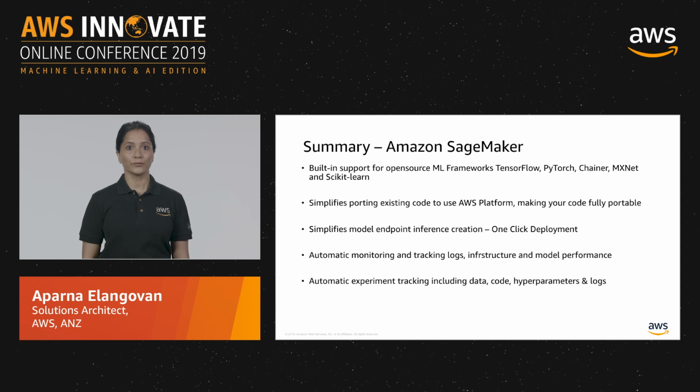It allows your code to be portable and yet take full advantage of Amazon SageMaker functionality, such as experiment tracking, hyperparameter tuning, and allows you to very quickly productionize your model by deploying an endpoint API and make it optimized for cost, performance, reliability, and security.